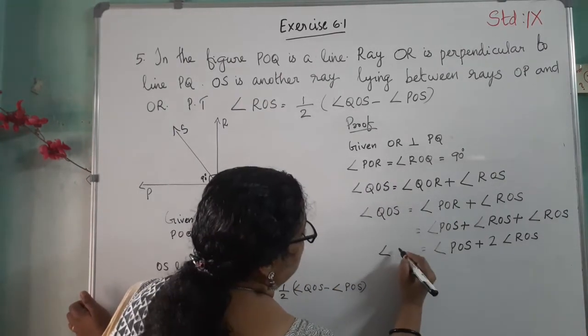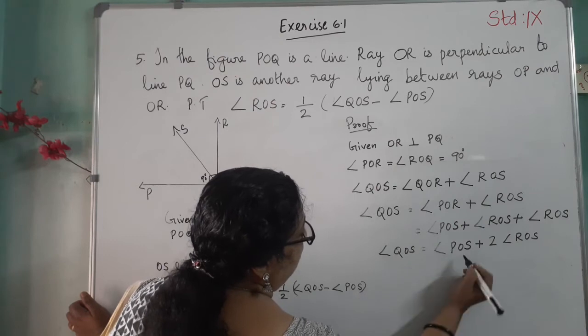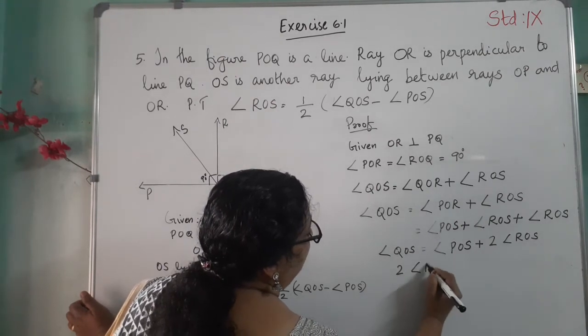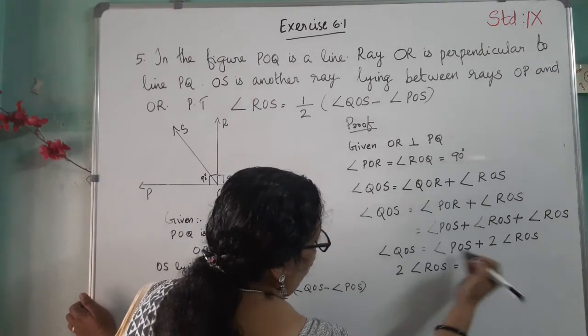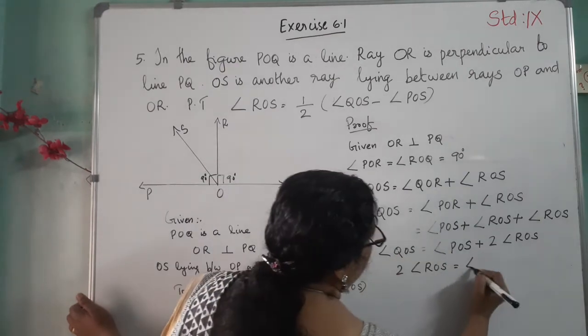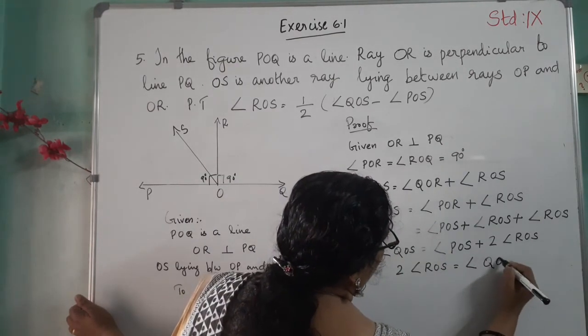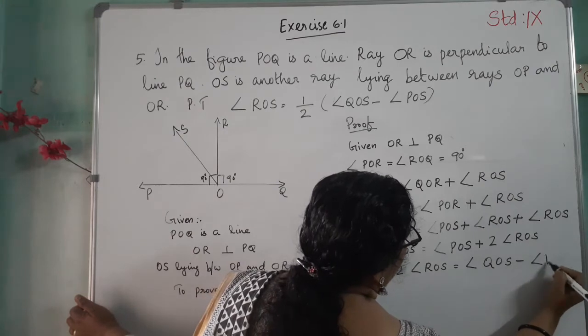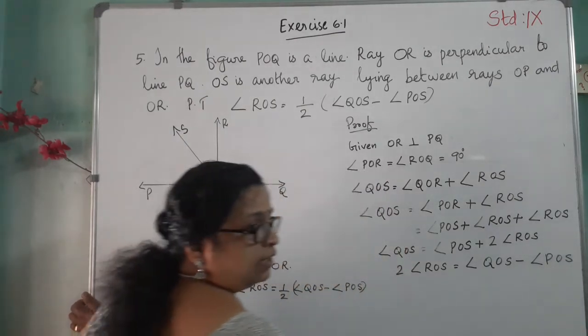Then from here, this is angle QOS. So we can write 2 angle ROS equals angle QOS minus angle POS. Clear?